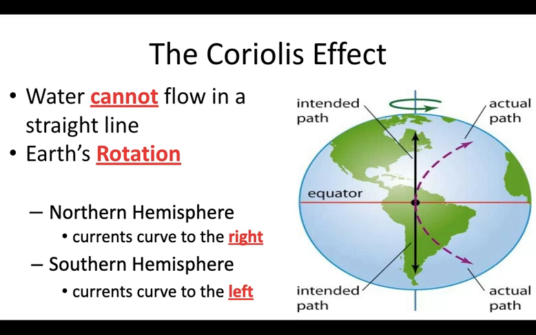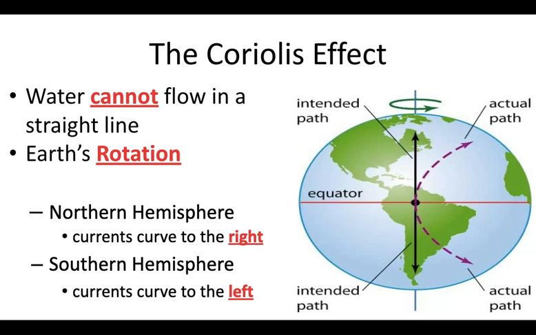Now, even though these ocean currents would like to travel in perfect straight lines, we have a few problems that are causing them to turn and not travel through straight lines. One thing that is causing a turning of the ocean currents is called the Coriolis effect. We've heard about the Coriolis effect before when we studied winds and global wind patterns.